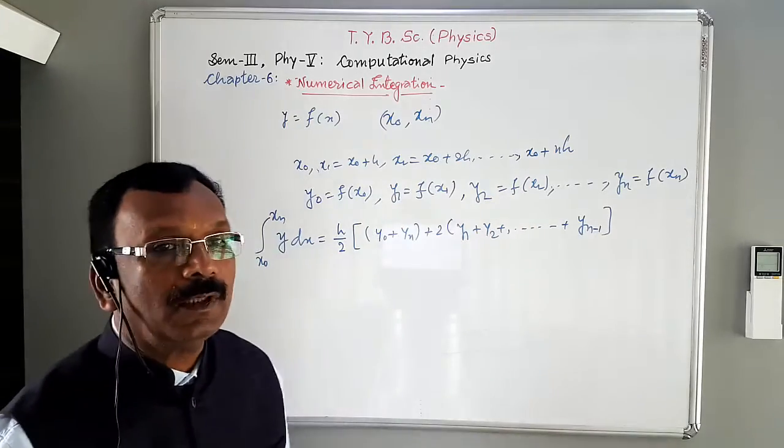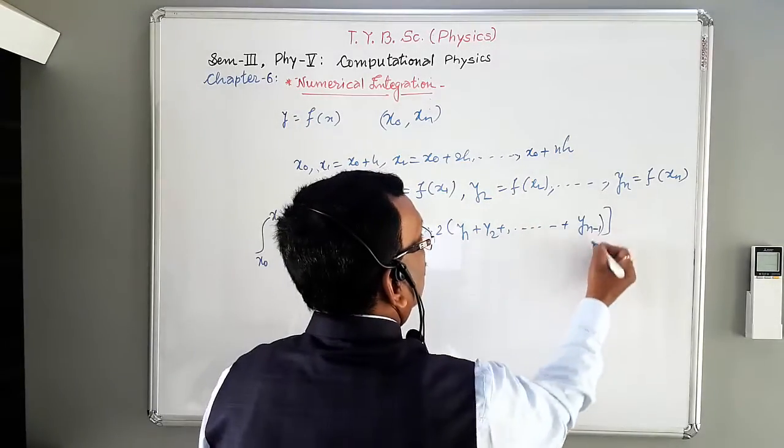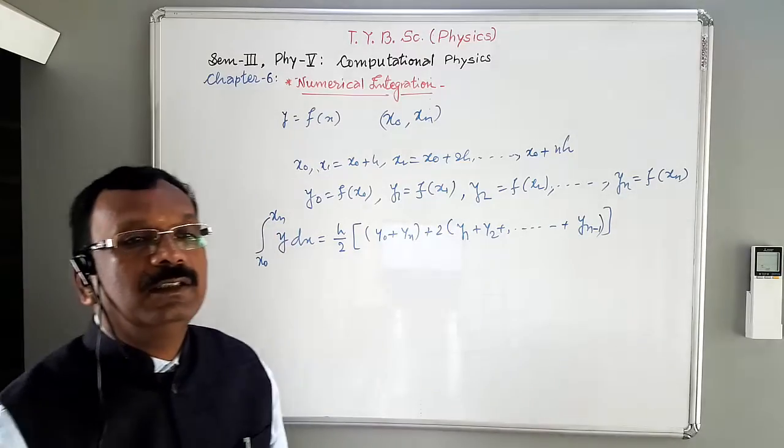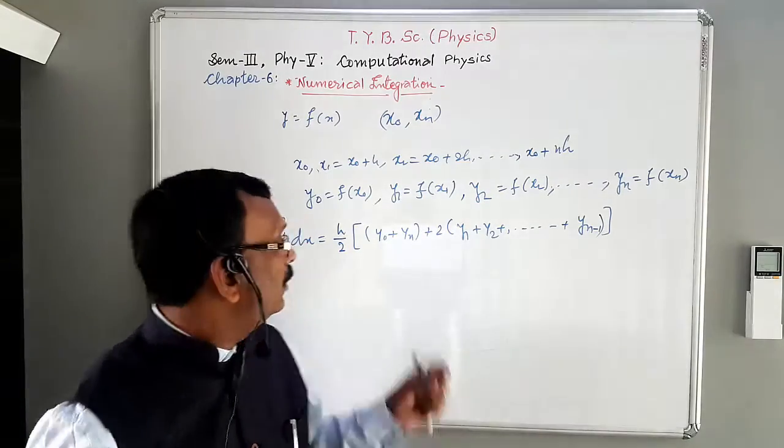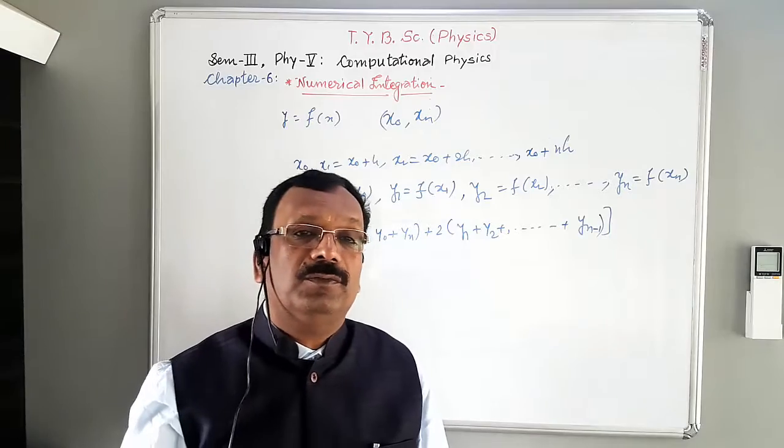This formula is known as the trapezoidal rule.